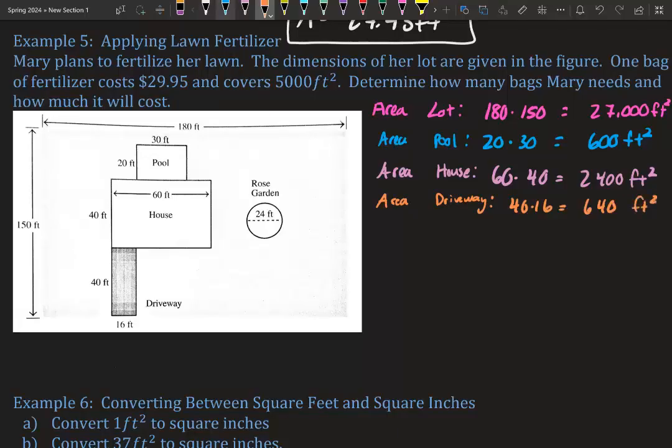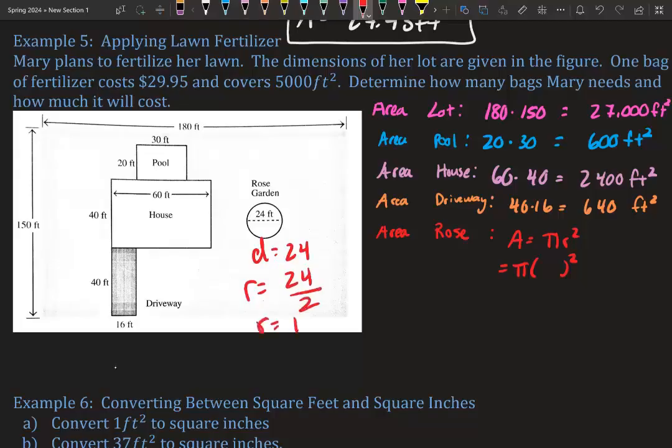And last but not least, we have the rose garden. So the rose garden is a circle. So because it's a circle, that's pi r squared. So we have pi, and we need to find the radius. So we're given a diameter. So if the diameter is 24, we find the radius by halving the diameter.